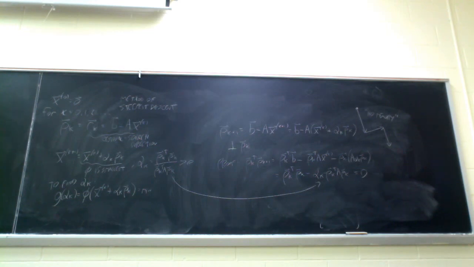If you could make sure that each new direction was at least linearly independent of all the previous directions, and if you get them orthogonal, that'd be even better, then at least you could guarantee convergence after n steps, because you would have exhausted all your directions.